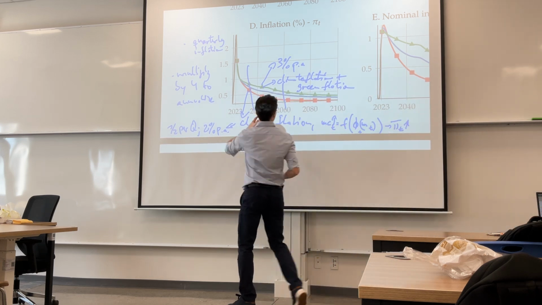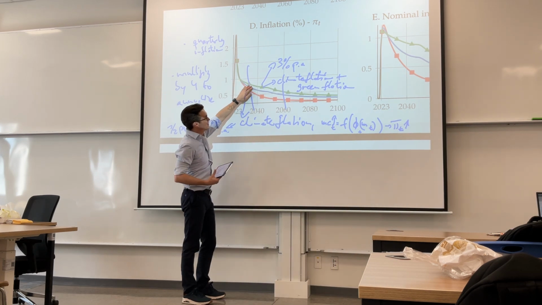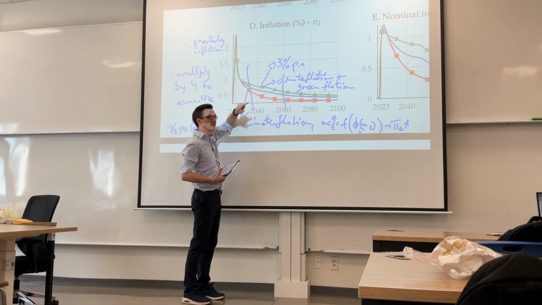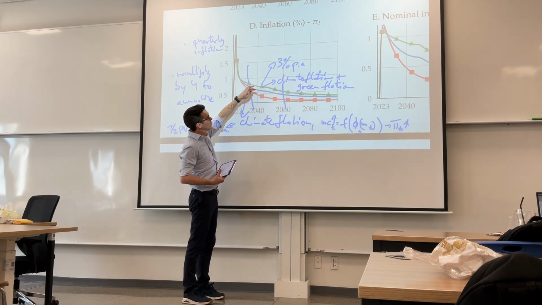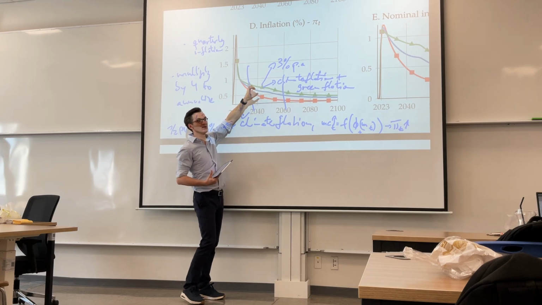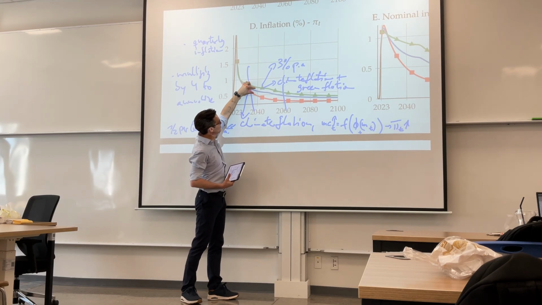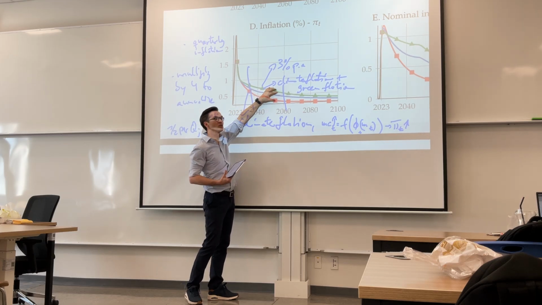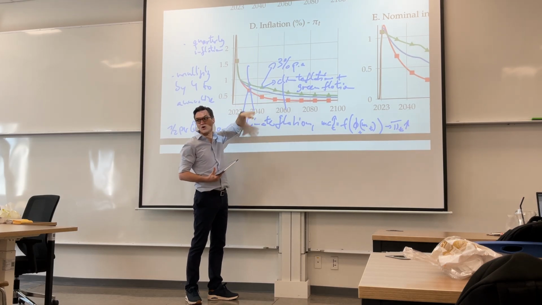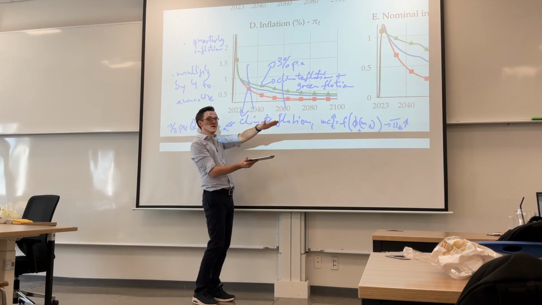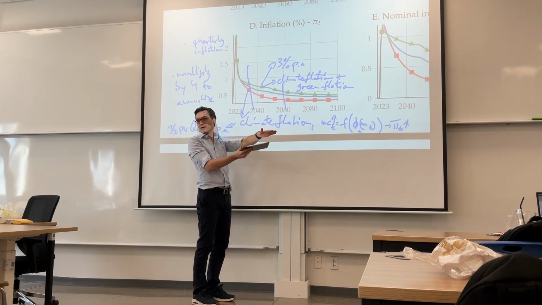So we discussed exactly that. We said that the green line now embeds both climate-flation and greenflation. That's the sum of the two. But because the model is non-linear, these things don't add up. So the delta between the red and the green is not just greenflation, because it's a non-linear model. If the model were linear, we could just add them up.